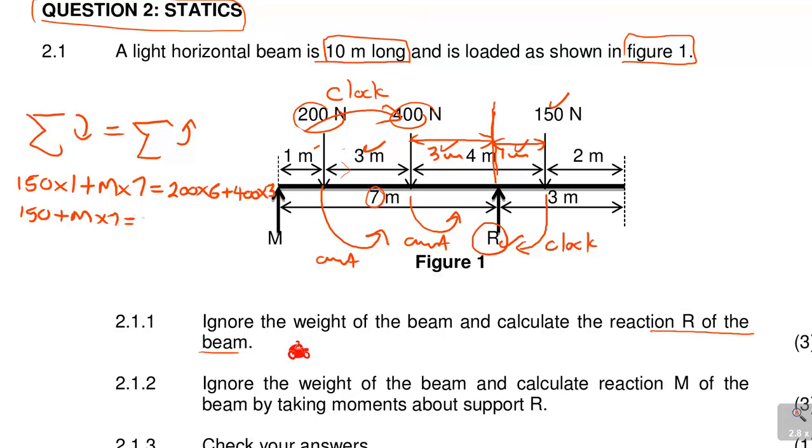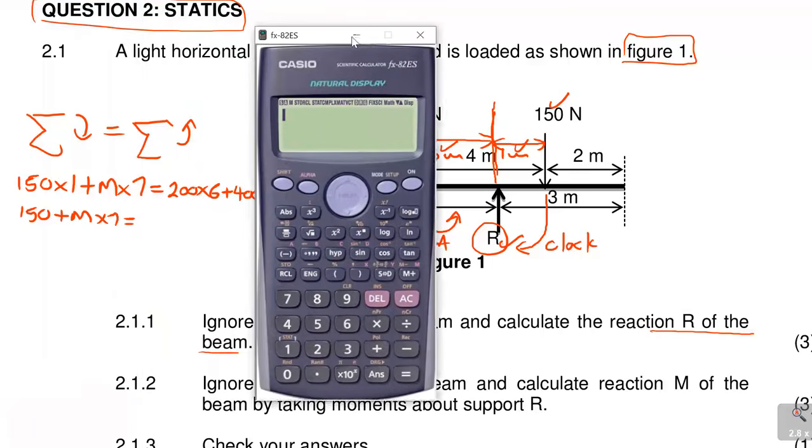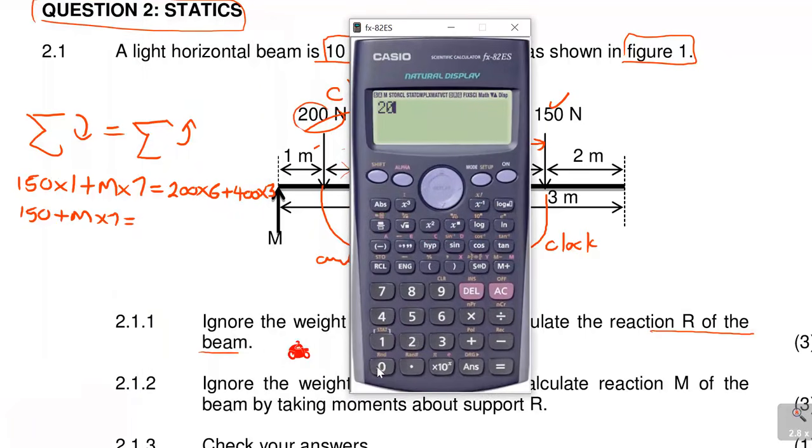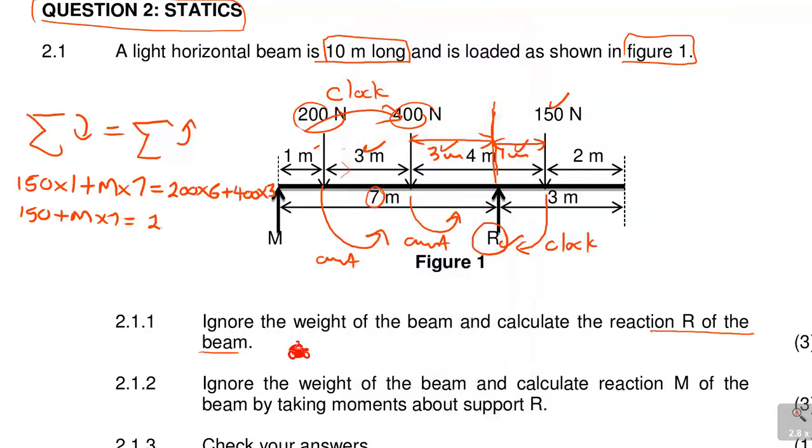This must give me, if I use my calculator here, 200 times 6 plus 400 times 3, which gives me 2400. So now m times 7, you take 150 to join that, it will become negative, which is 2400 minus 150.